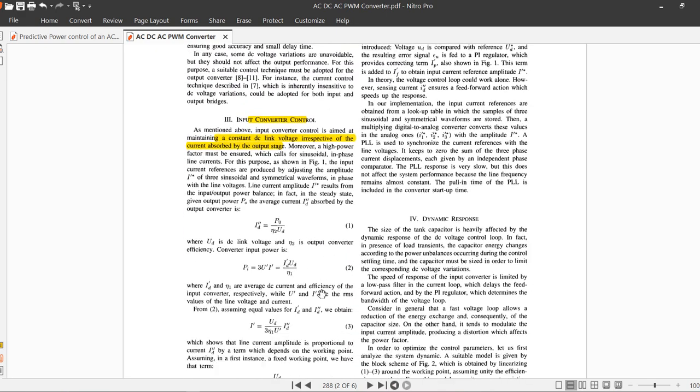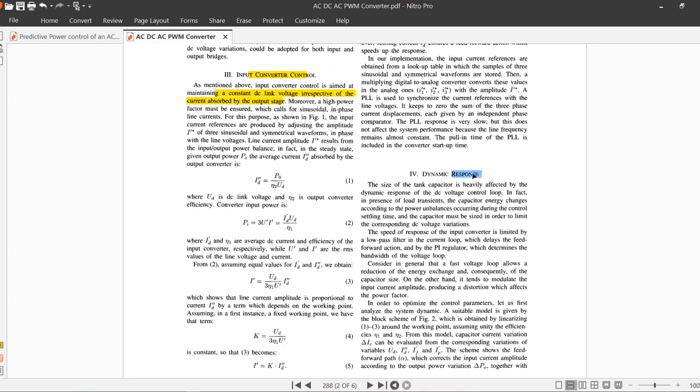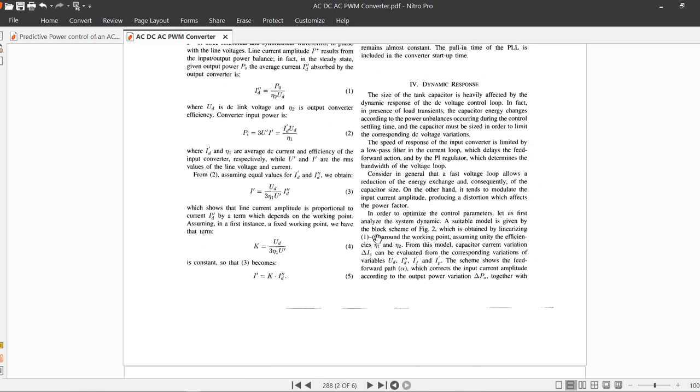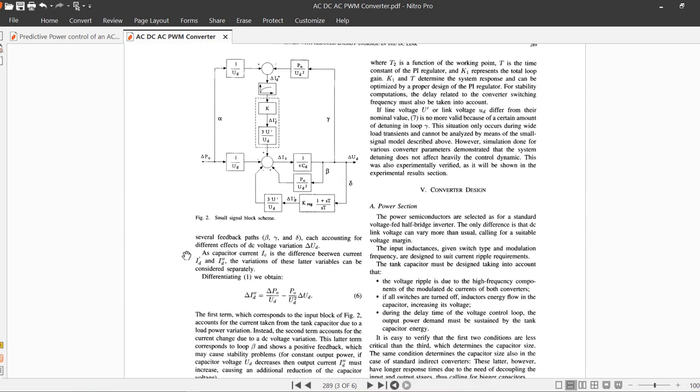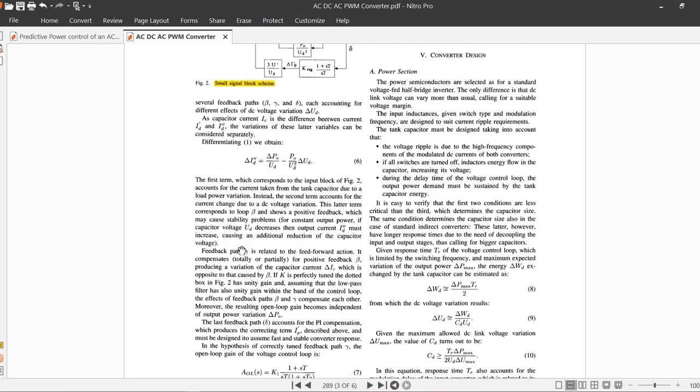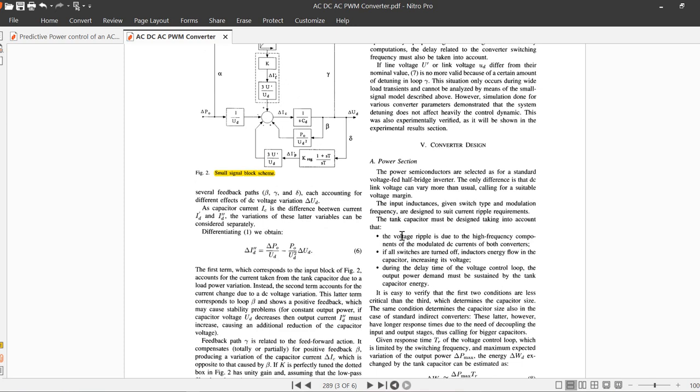And then they talk about the dynamic response, and figure 2 shows the small-signal block scheme.